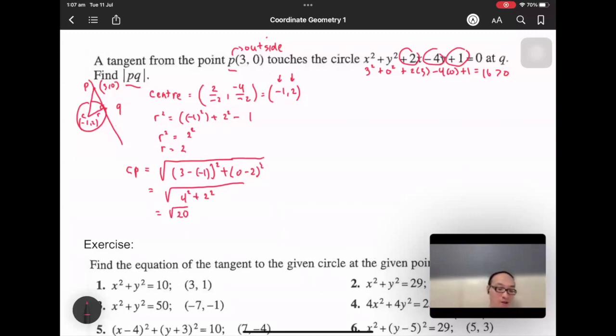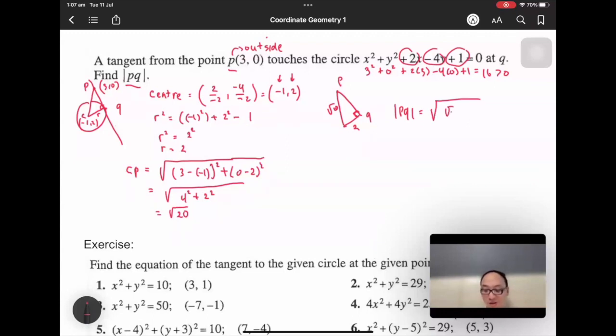Now we know CP. If you see the drawing, this is a right angle triangle. Right angle here. So this is root 20 and the radius is 2. So PQ is just Pythagoras.